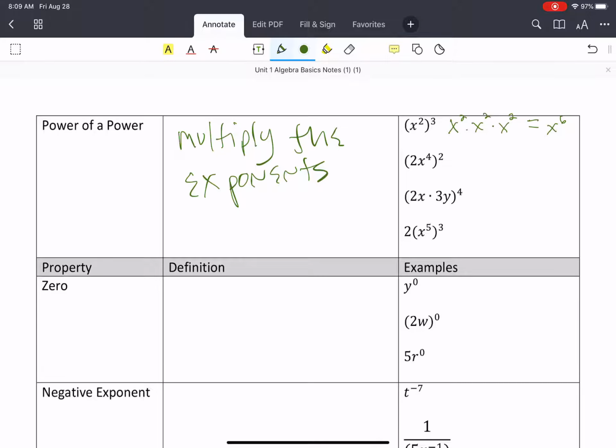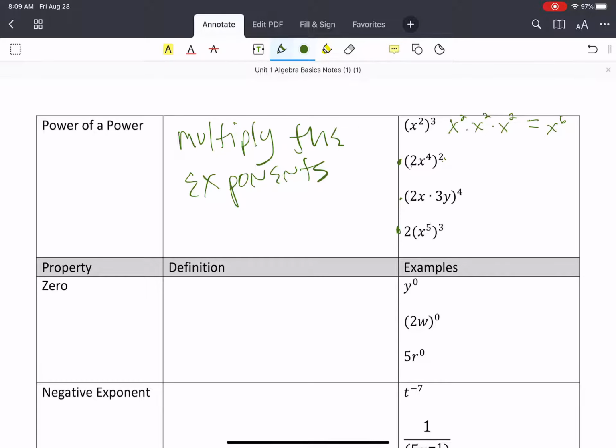Now, be careful. We'll talk about this middle one in a second, but what's the big difference between this one and this one? Where the number is. Is it on the outside of the parentheses or inside? Good, guys. Because it makes a big difference. In this one, the squared has to go to everything in the parentheses.